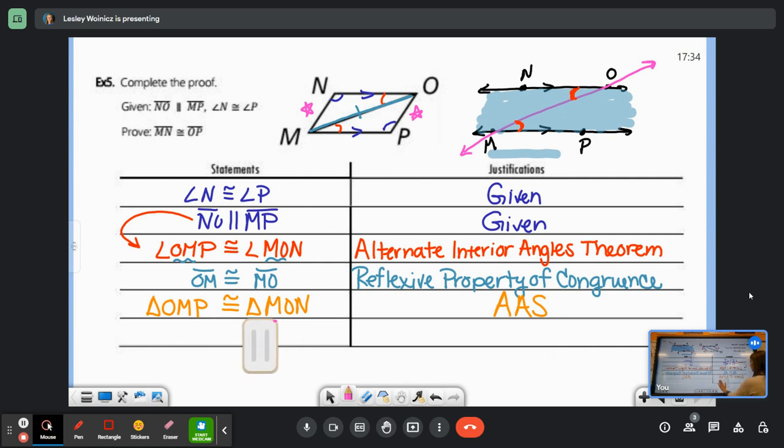We'll do it in the other order. We'll make them happy. Okay, so segment MN is congruent to segment OP. And that is because the corresponding parts of congruent triangles are congruent. That's all she wrote.